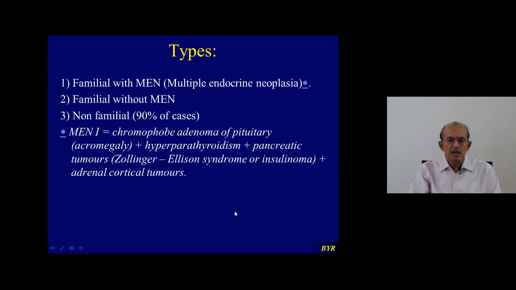So what is this MEN? Multiple endocrine neoplasia. There are two types. Type 1: chromophobe adenoma of the pituitary, hyperparathyroidism, pancreatic tumors like Zollinger-Ellison syndrome or insulinoma, and adrenal cortical tumors.